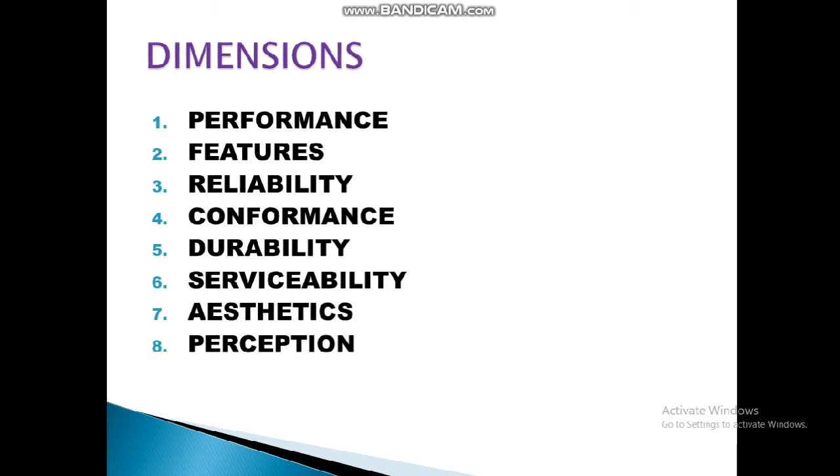Reliability may be closely related to performance. For instance, a product specification may define parameters for uptime or acceptable failure rates. Reliability is a major contributor to brand or company image and is considered a fundamental dimension of quality by most end users. Conformance answers several questions.